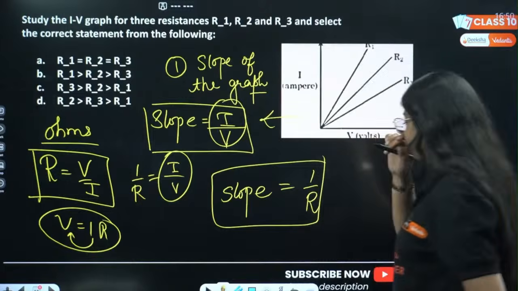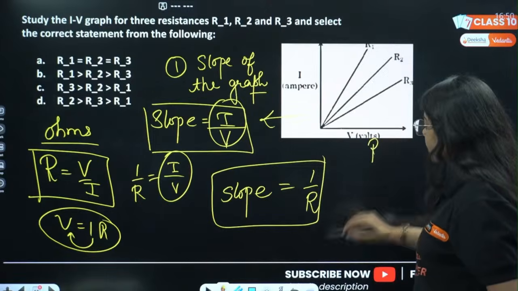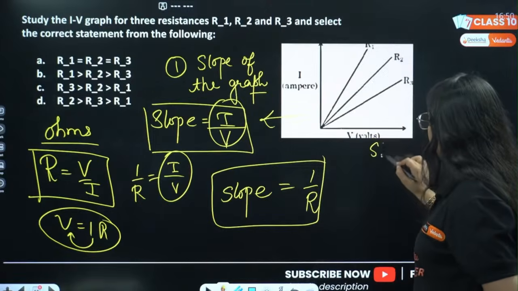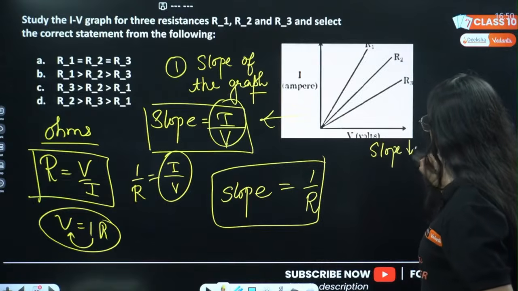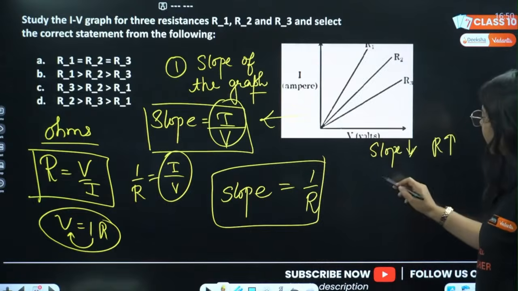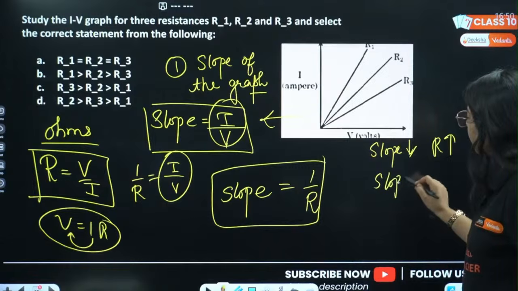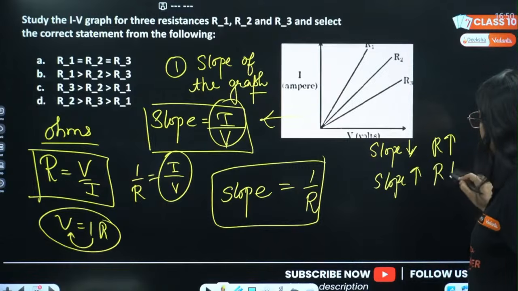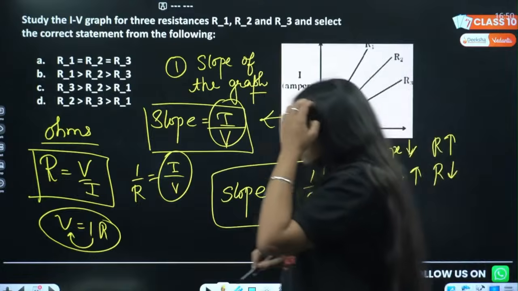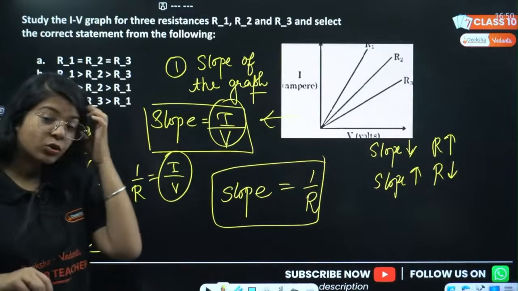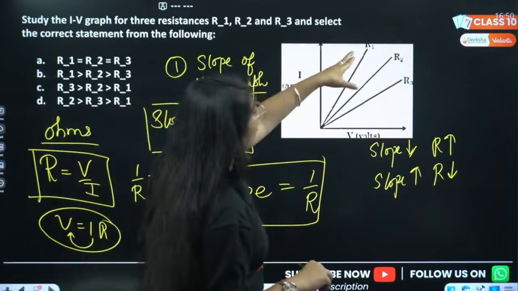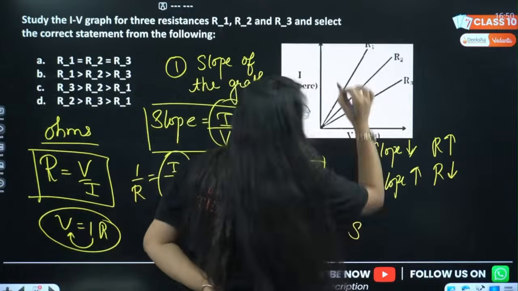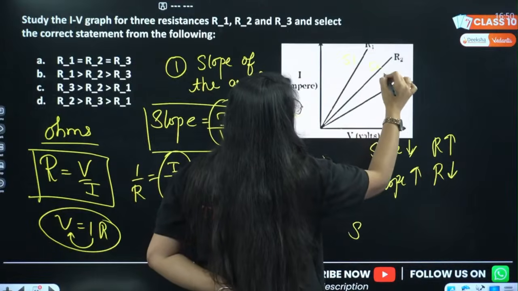Very good. So that means when slope is less, R is more. When slope is more, R is less. So the slopes, let's say this is S1, S2, S3.